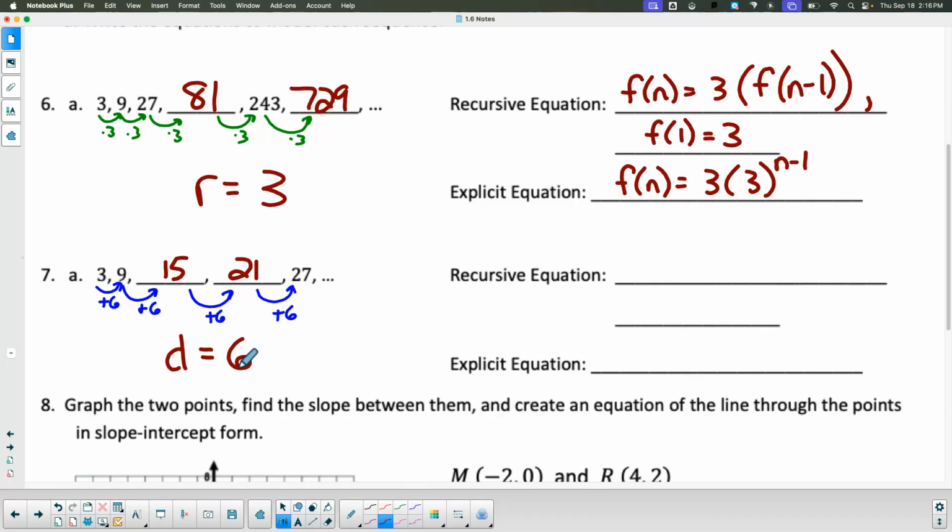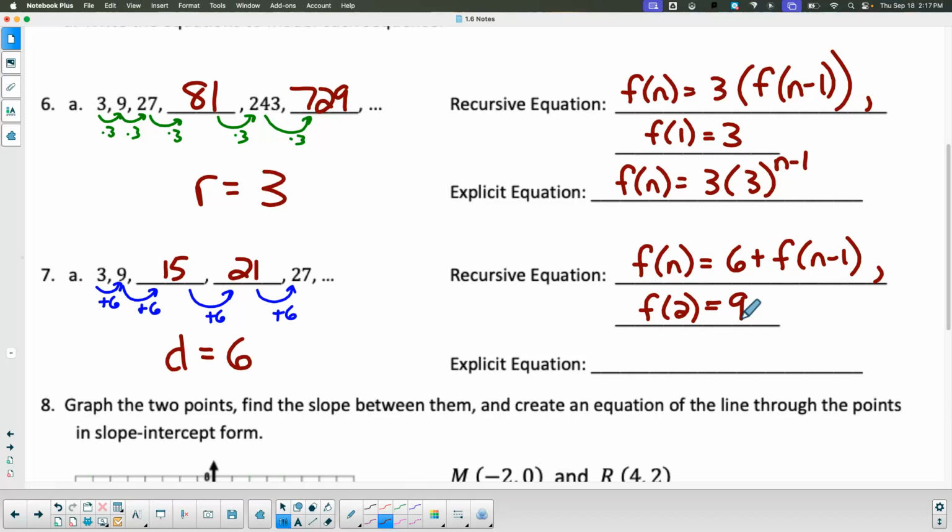F of n equals 6 plus f of n minus 1. That's better. And then? F of 2 equals 9. Or we could have gone f of 1 equals 3.